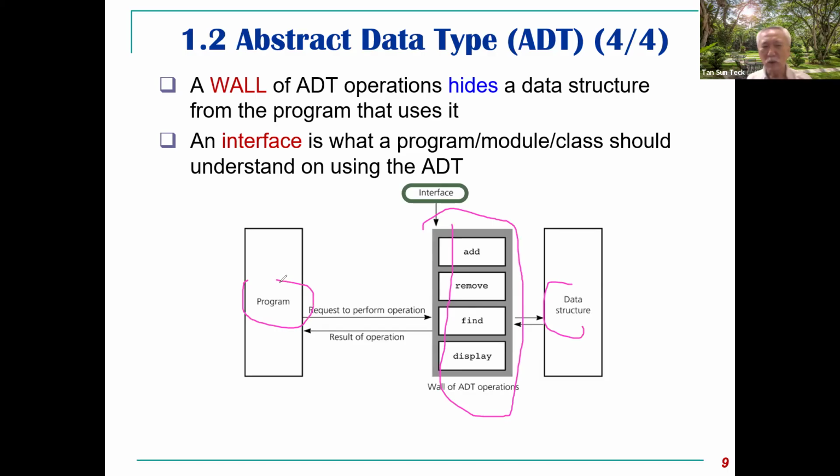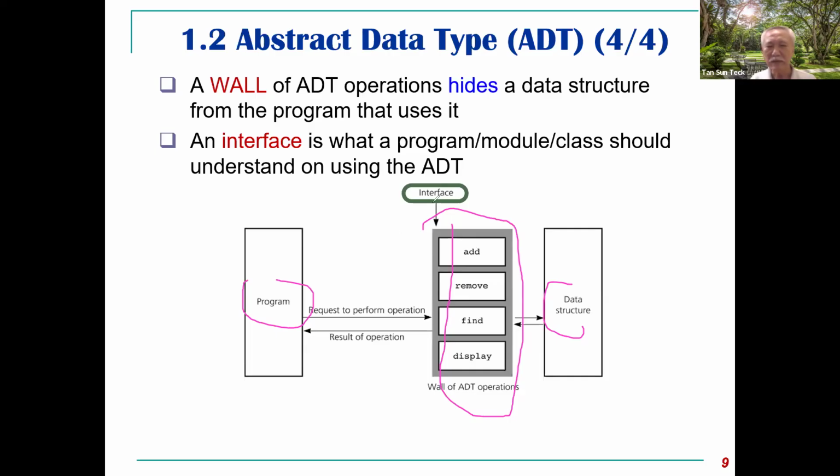And then the wall itself is actually the interface, so that the program knows how to use the operations and then process the data, right? For example, the interface will tell us that we can add a value into the data structures. We can remove a value from the data structures. We can search for elements inside the data structures, and we can bring them up.